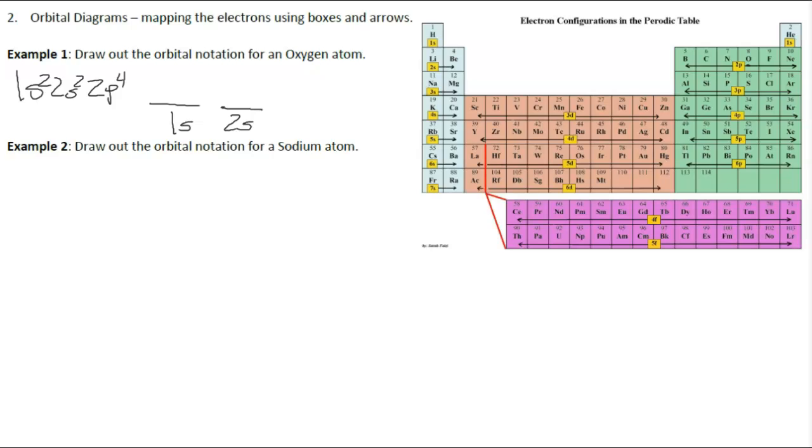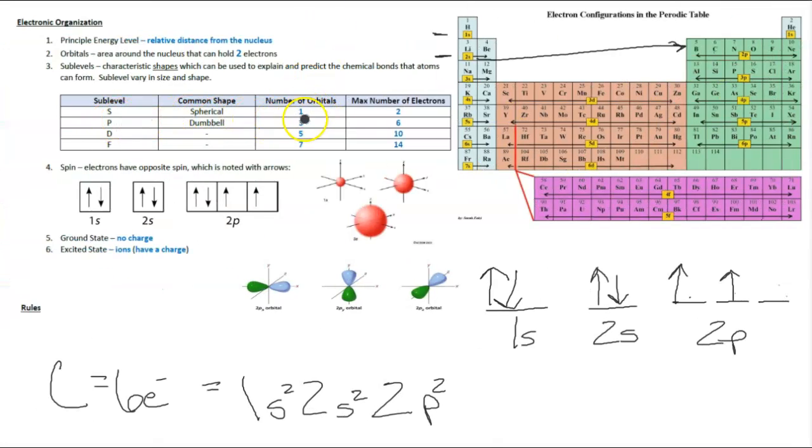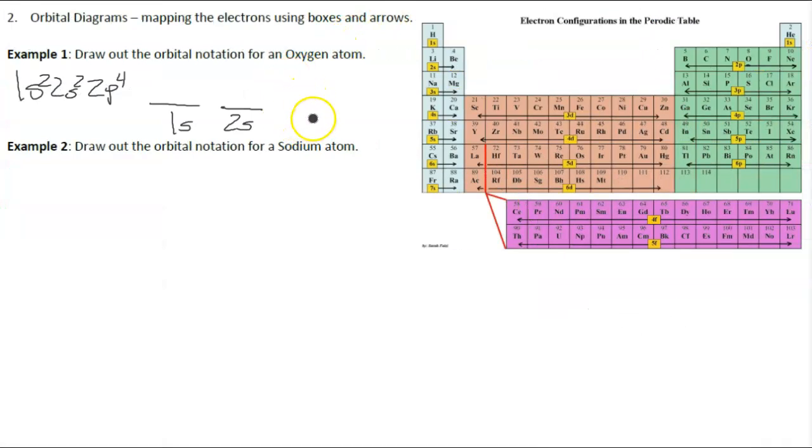Again, going back to my notes, the s sublevel only has one orbital. And then for 2p, I have 1, 2, 3, because the p sublevels all get 3. I usually put a bracket as a reminder that those 3 go together in the p. And then I simply put my arrows into the blanks.